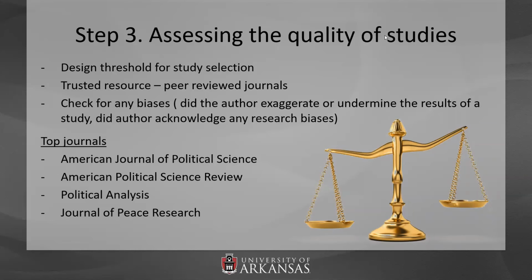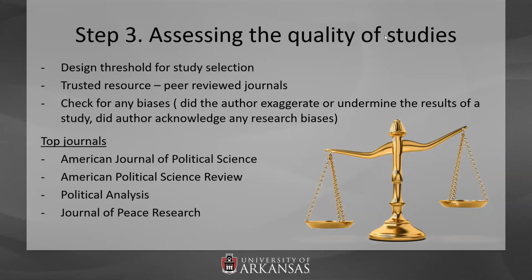So if you already formulated your research design and research methods, that could be a big criterion for you to look at the relevant works. And then look at the articles from a trusted resource or peer-reviewed journals.